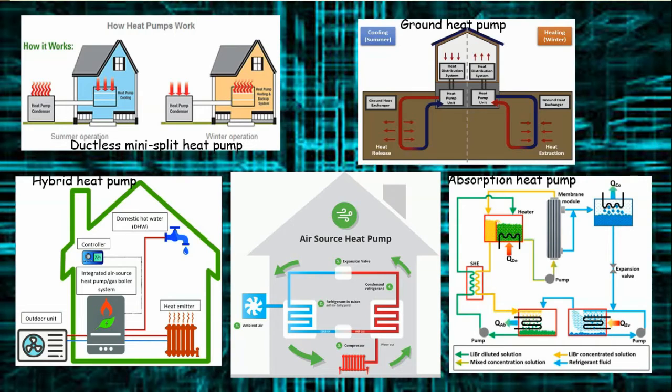The last one is the absorption heat pump. Here we can see the flow or the process of the gas or liquid flow in each process of the heat pump. That's all from me. Then my friend will continue the next slide. Thank you.